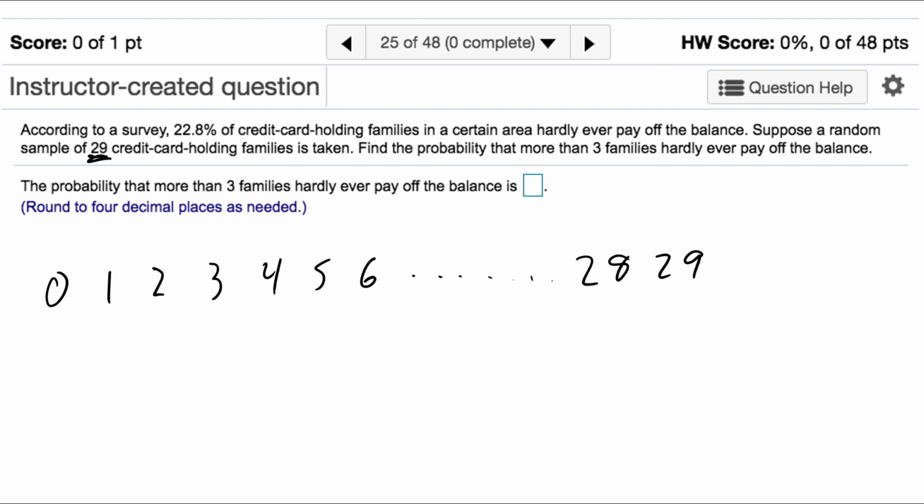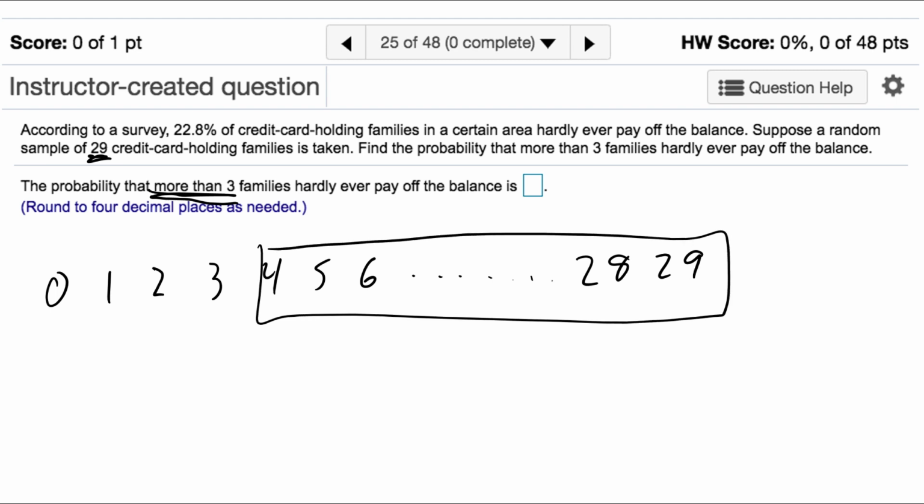What we're asked for here is to find the probability that more than 3. So more than 3 is 4 or more. Really important to recognize that. So in the normal distribution, more than 3 we can treat essentially as the same as 3 or more, because those are not the same, but they're infinitely close to being the same.